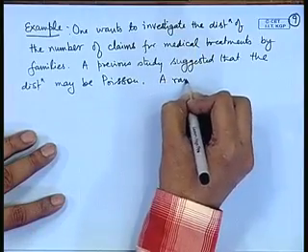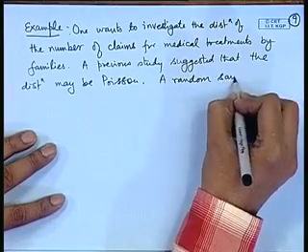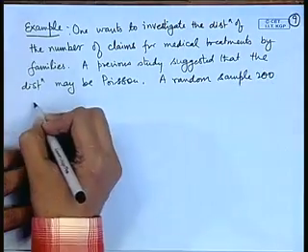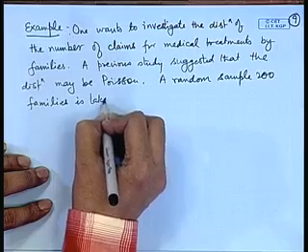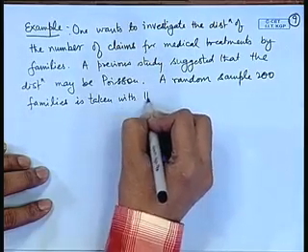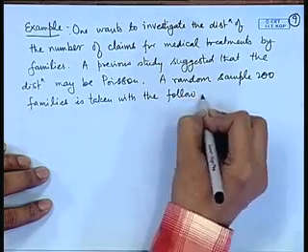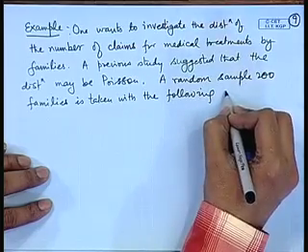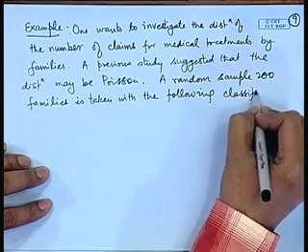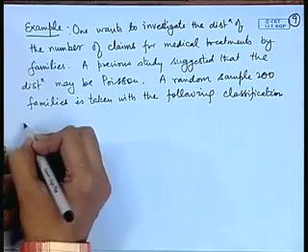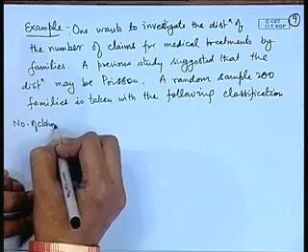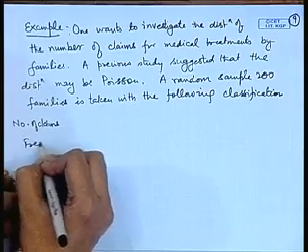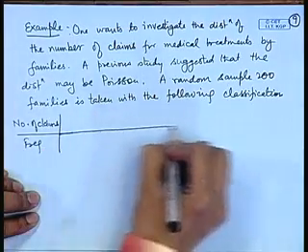So, to investigate this, a random sample of 200 families is taken with the following classification. So, that is for each family how many claims are there, and that is what is the frequency, how many families made how many claims.